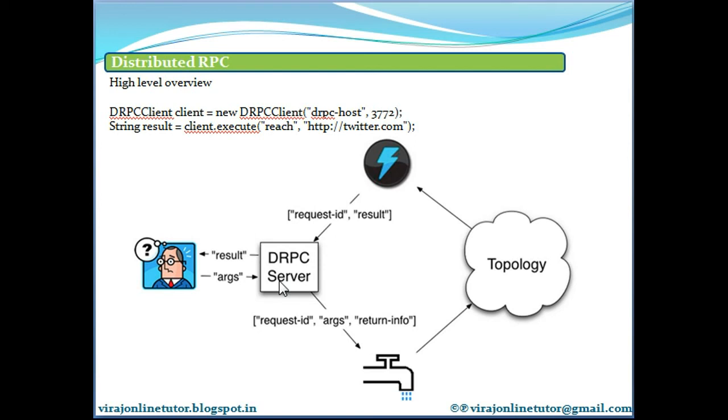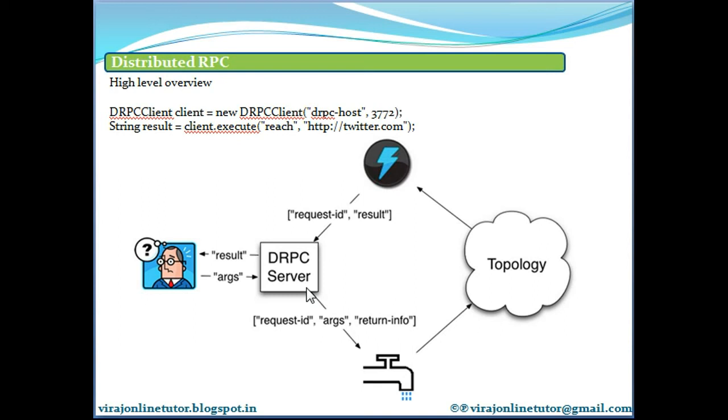The distributed RPC server coordinates receiving an RPC request, sending the request to the Storm topology for processing, receiving the results from the topology, and sending the results back to the waiting client.